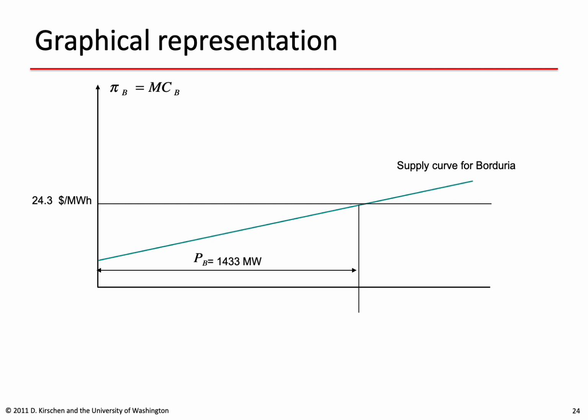We can visualize what's going on with the following diagram. Let's plot first the supply curve for Borduria. And we see that if Borduria produces 1433 megawatts, the price will be $24.3 per megawatt hour based on the marginal cost of producing this power in Borduria.